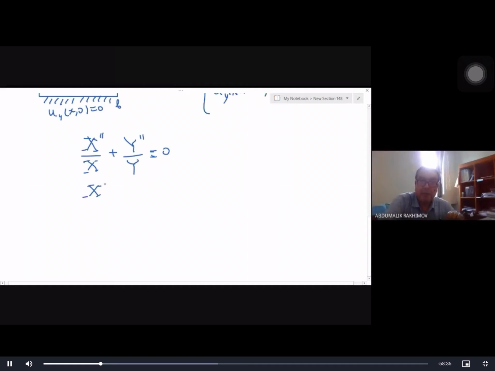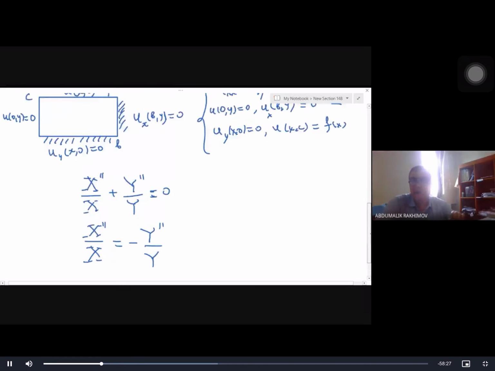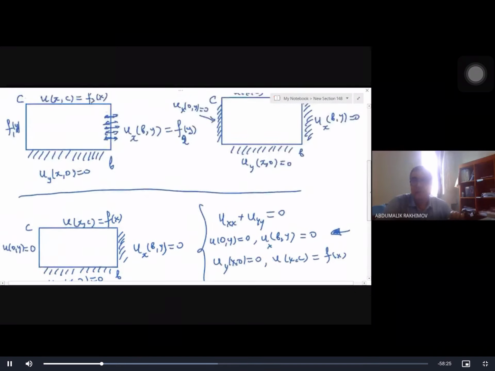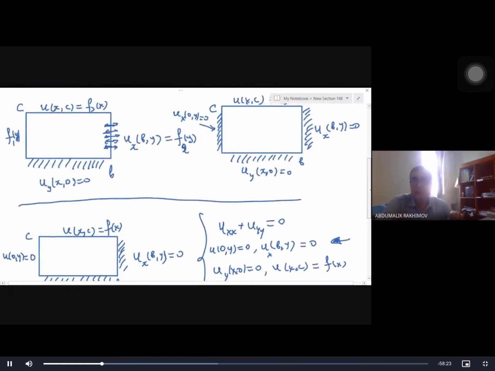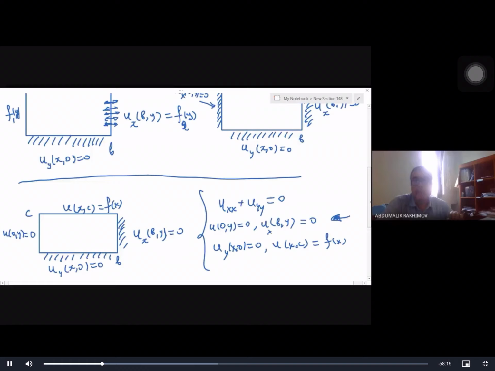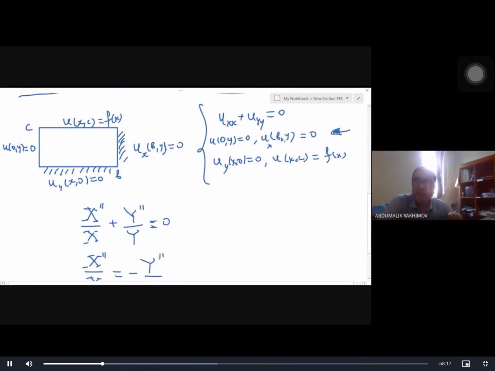Then it will be X double prime over X equals minus Y double prime over Y. If you have non-zero conditions with respect to x, but with respect to y you have two zeros, then you will shift x, not y.